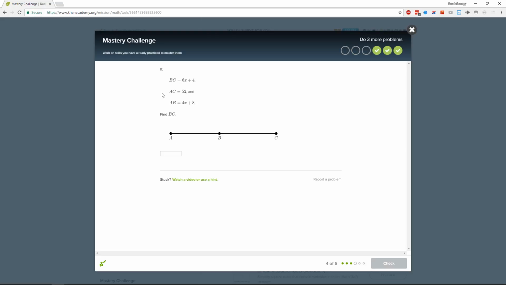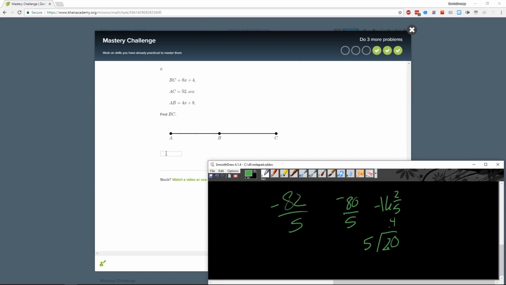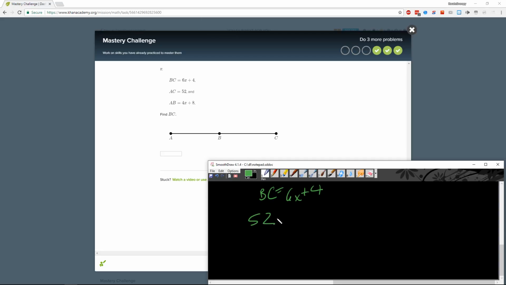So if this is this, and this, and this, find BC. So BC equals 6x plus 4, and AC is 52. And AB, 52, equals all these two things added together, plus AB 4x plus 8.